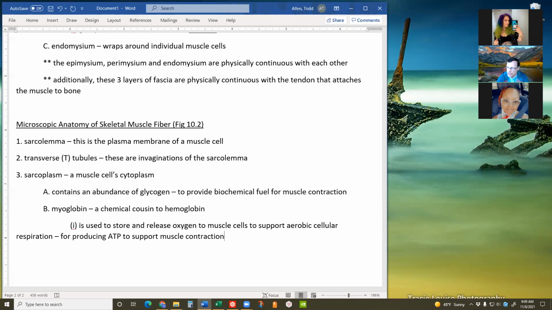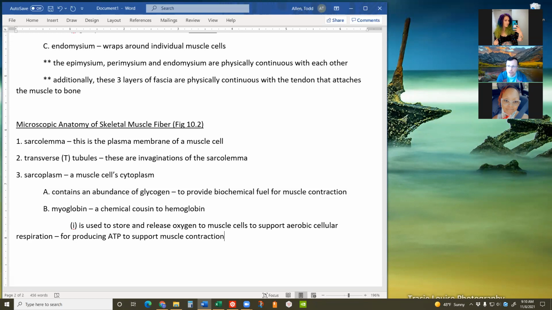Aerobic cellular respiration is more efficient at extracting energy out of glucose when oxygen is available. And so therefore, Mother Nature has evolved a very special molecule, myoglobin, to bind oxygen and store it inside the muscle cell for when the muscle cell needs it to produce ATP to contract muscle tissue, okay?